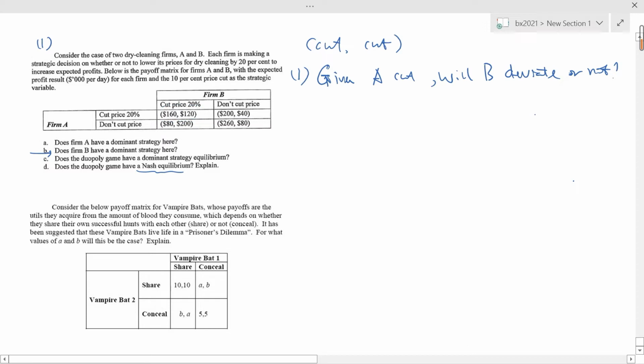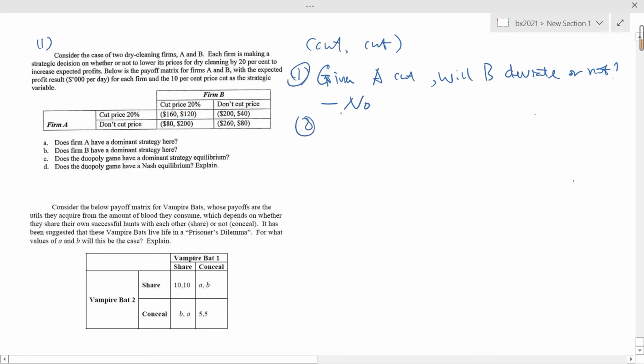Okay, given A cut, then we are in these rows. Will B deviate? So B needs to compare this payoff with this payoff. So clearly $120 is higher than $40. So the answer is no. Okay, first question.